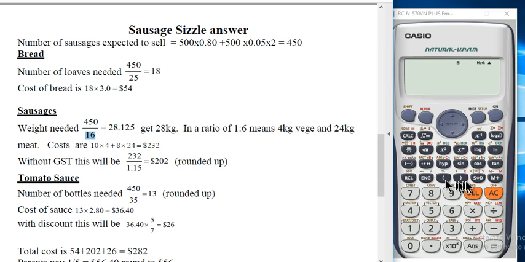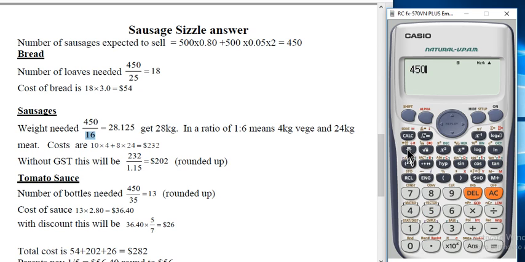If I do this, I could use a fraction, or I could just go 450 divided by 16, and this time we get something like this. If that happens on your calculator, press the SD button to get an actual decimal.